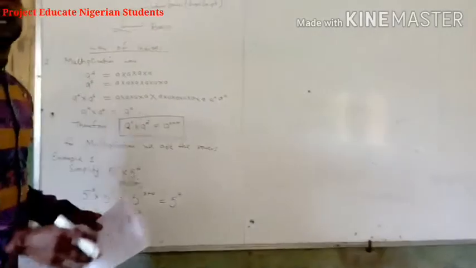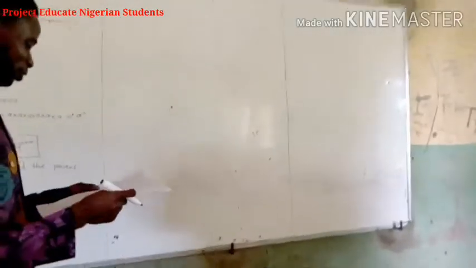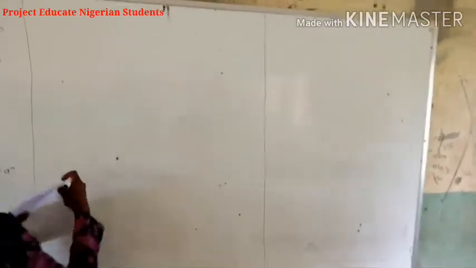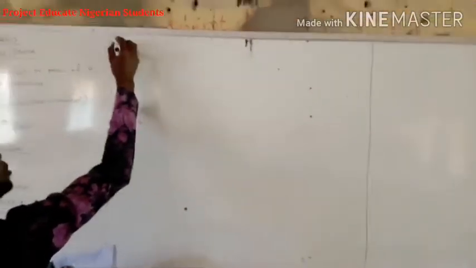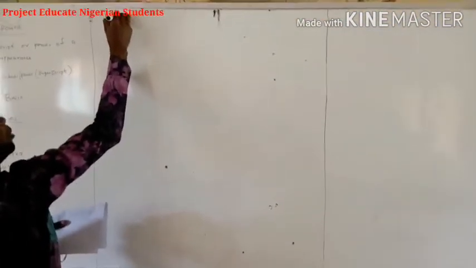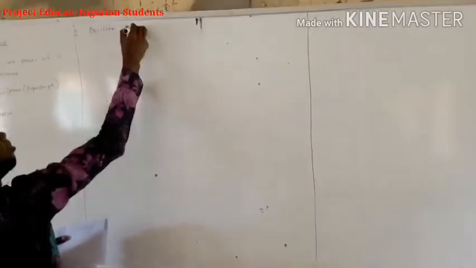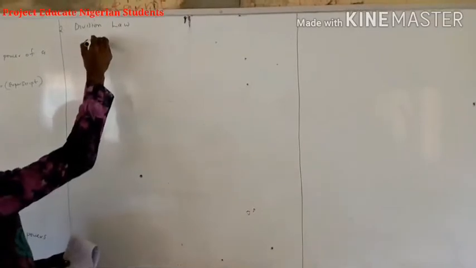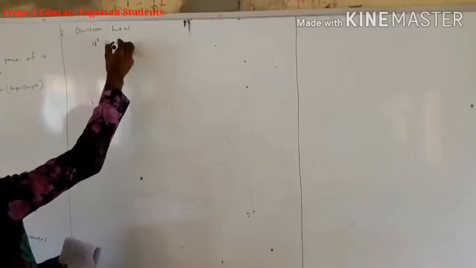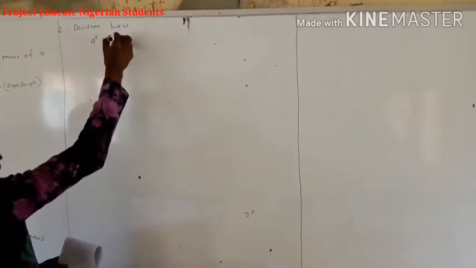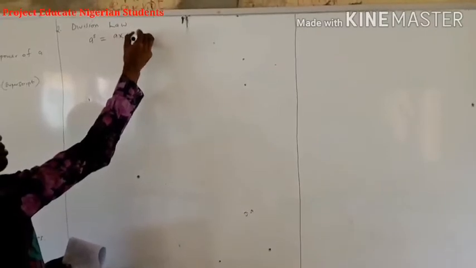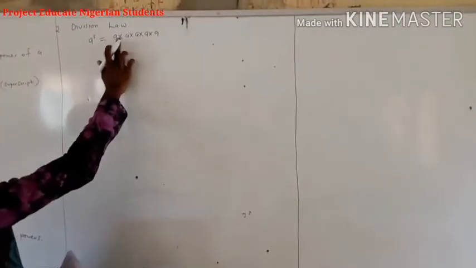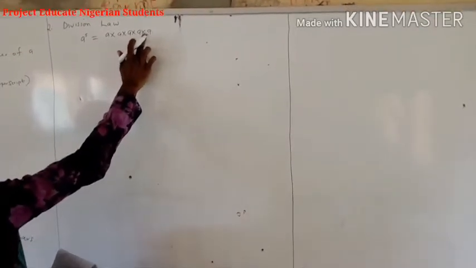So let's go to the second law, which is the division law. Okay. Let's say we have a raised to power 5. A raised to power 5 means a times a times a times a times a, up to 5: 1, 2, 3, 4, 5.